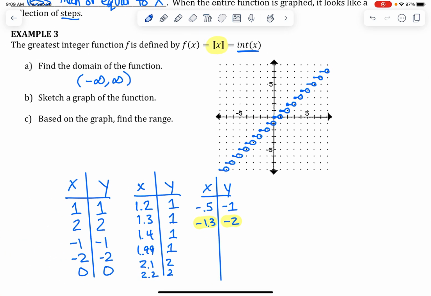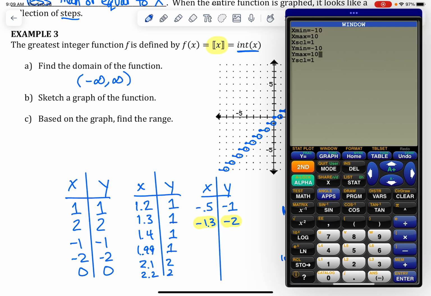You can find it on your calculator if you go to your math button, and I'll do this on the online calculator too here. Go to the math button, then NUM for number, and then option 5. It's written as int with parentheses.